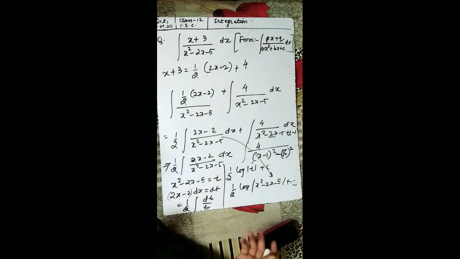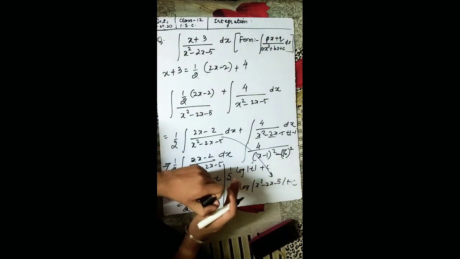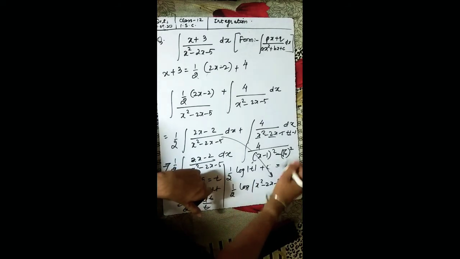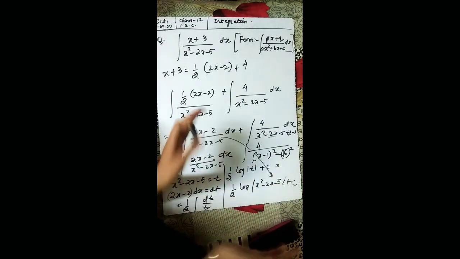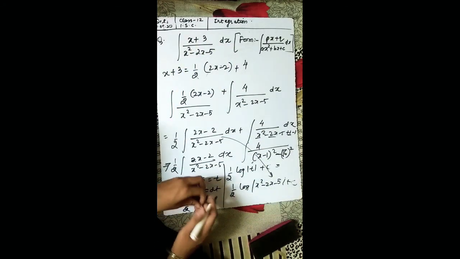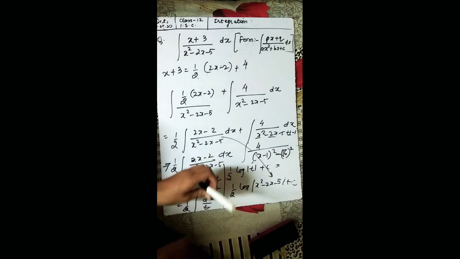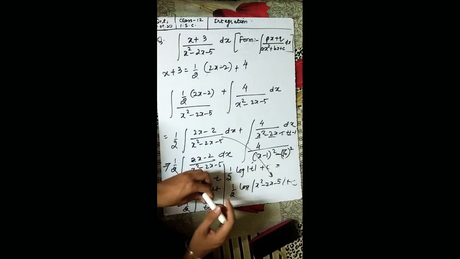Okay, so this is how we have to solve. After that you know how to solve it and combine both the integrals, you'll get the final answer of this particular form.